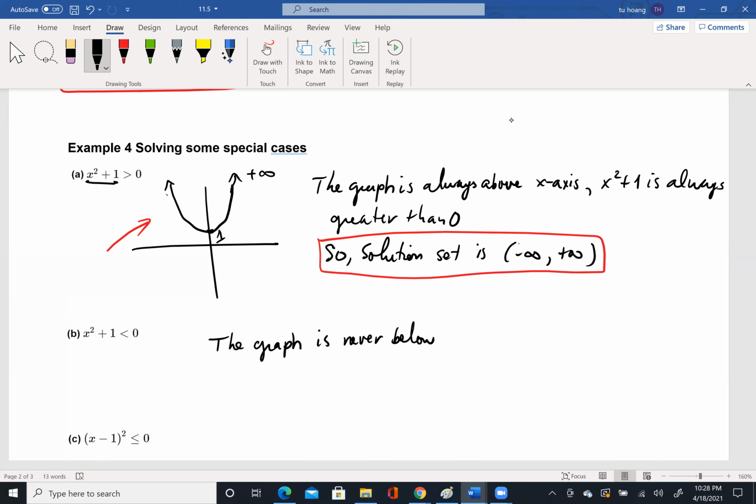So the graph is never below the x-axis. So then x squared plus 1 is never less than 0. Since it's never less than 0, no solution. No real solution. Yes, no real solution.